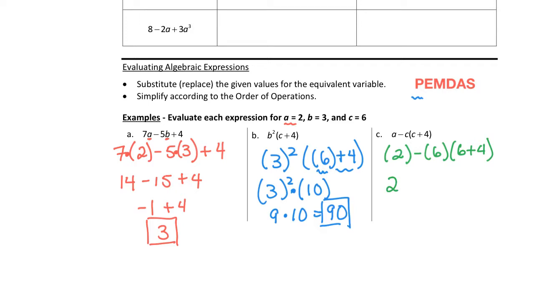Bring down everything else. I've got the 2 minus the 6, and then 6 plus 4, excuse me, is 10. Multiply those two together, I'm going to have 2 minus 60, and 2 minus 60 equals 58.